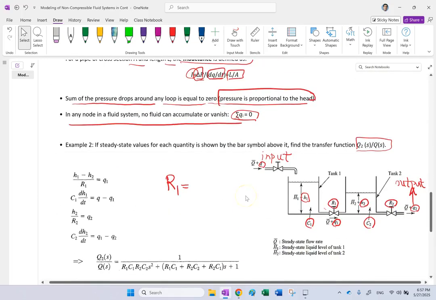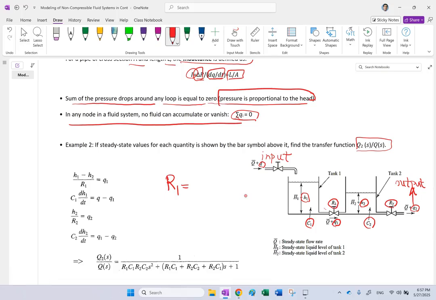Now, in this case, R1 is situated between two heights, H1 and H2. So the net change in the height is H1 minus H2, and the change in the flow rate of it, not the flow rate through it, is Q1. So that is the definition of R1.